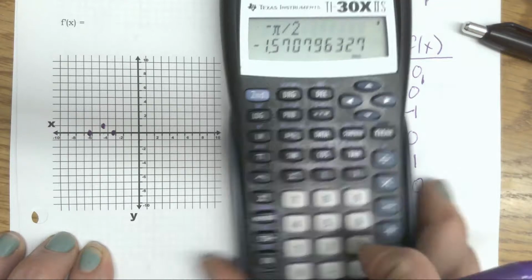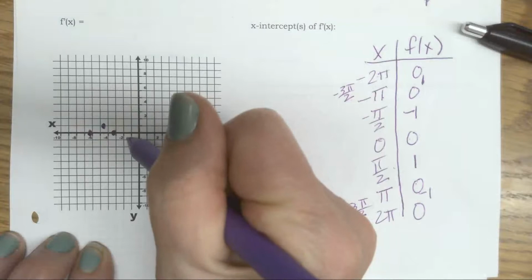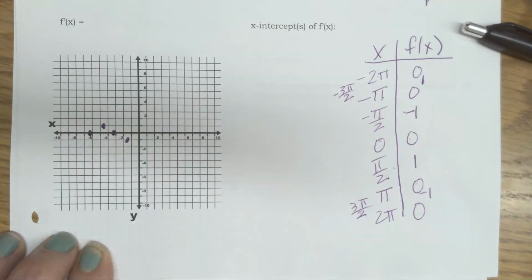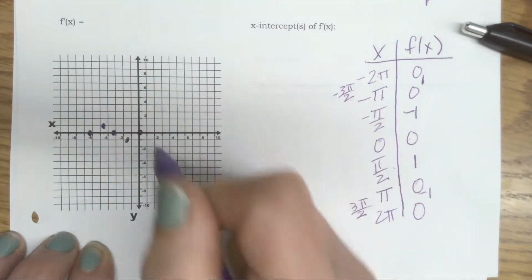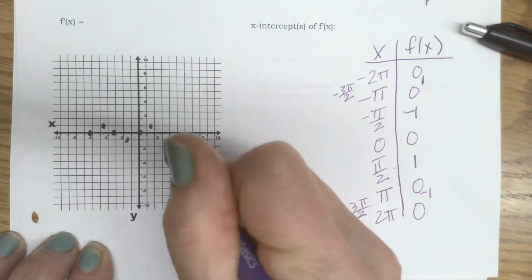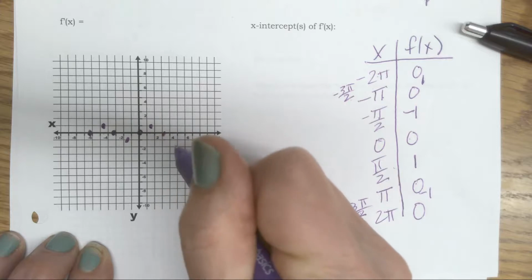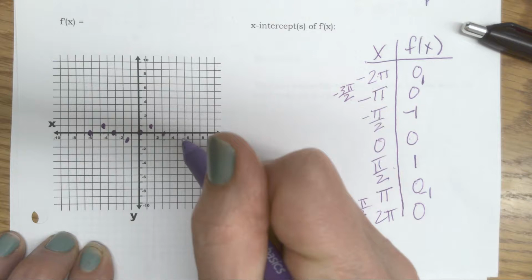Negative 1.57-ish. So that'll be there. And that's negative 1. And then 0, 0. And the rest I can approximate pretty easily. What is that one? 4.7-ish.